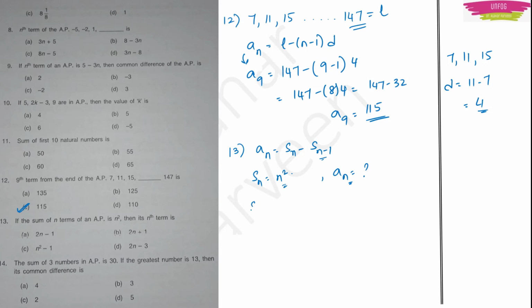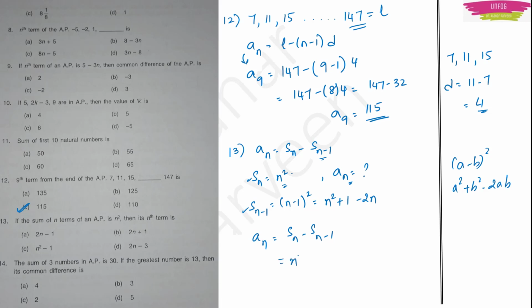Then what will be Sn minus 1? Just to find Sn minus 1, by substituting n minus 1 in place of n, you use this formula, a minus b whole square. You get a square plus b square minus 2ab, right? So here you get n square plus 1 square is 1 minus 2n. So this is Sn and this is Sn minus 1. Now use our formula. An is equal to Sn minus Sn minus 1.